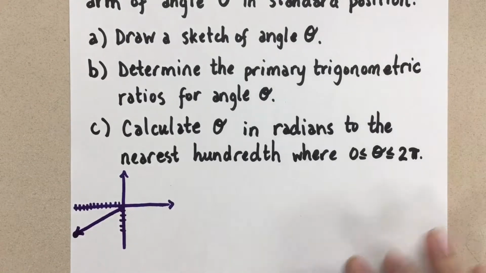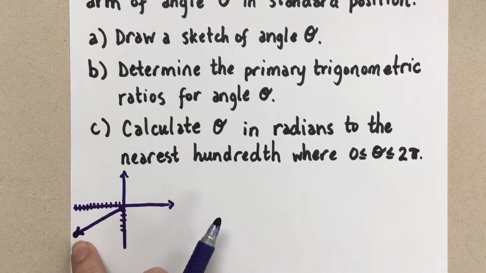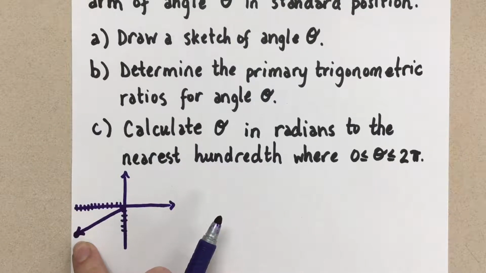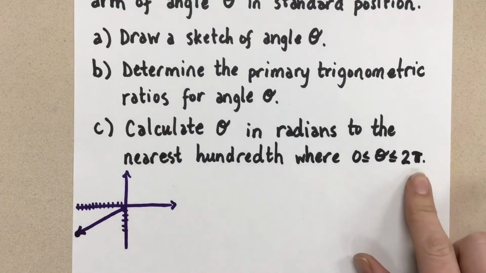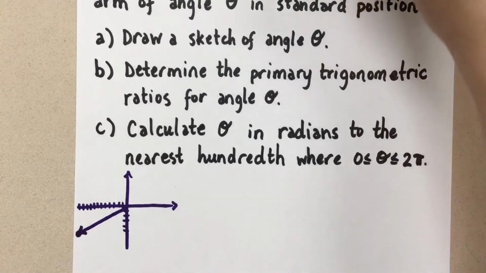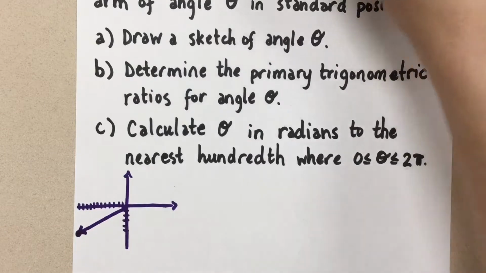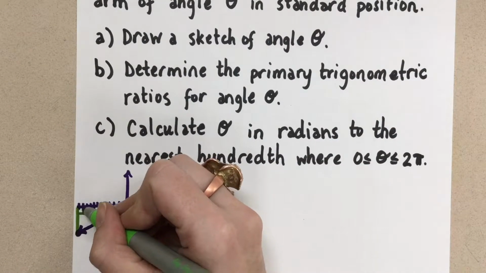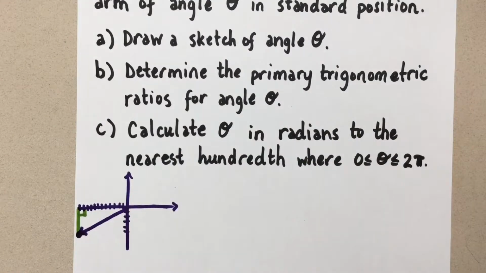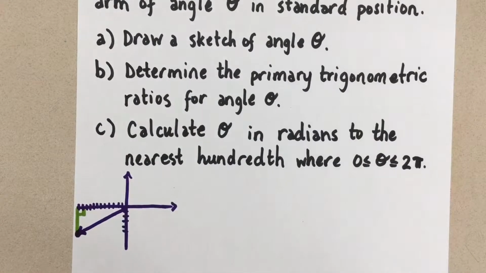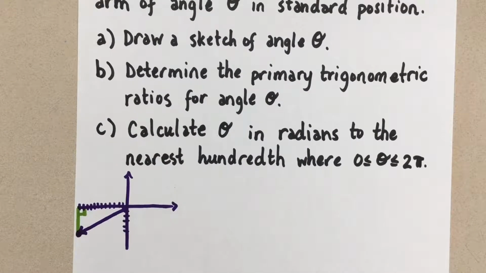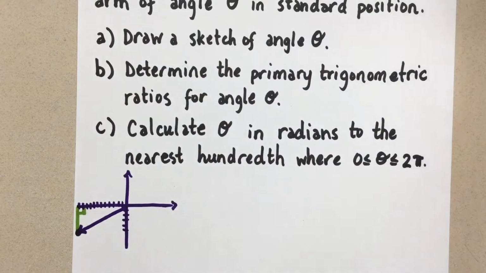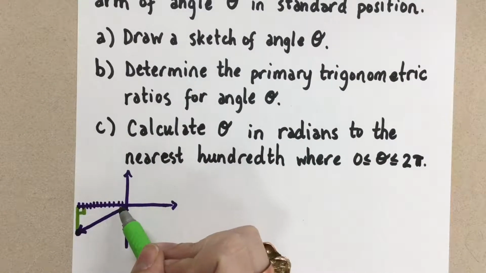So when I have a terminal arm, we know we can always make a right angle triangle with the x-axis, and then we refer to that for our related acute angle. So I'm going to make here a right angle triangle. And looking at the point that we had, the -12, -5, I can now label the sides of this triangle.